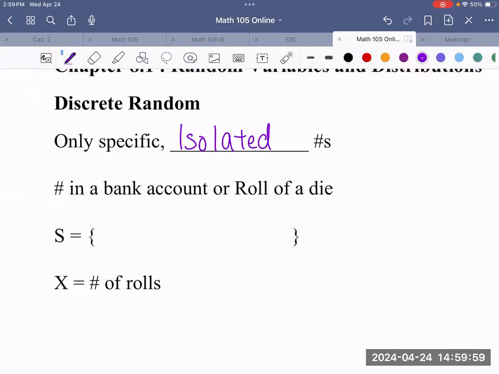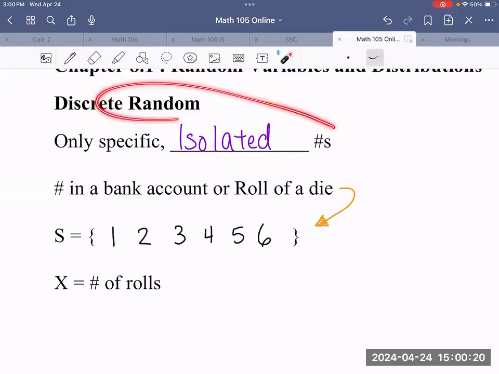Those are very specific numbers in our daily lives. If we're talking about the roll of a dice, we can have 1, 2, 3, 4, 5, 6. In this case, we're defining this variable as the number of rolls.